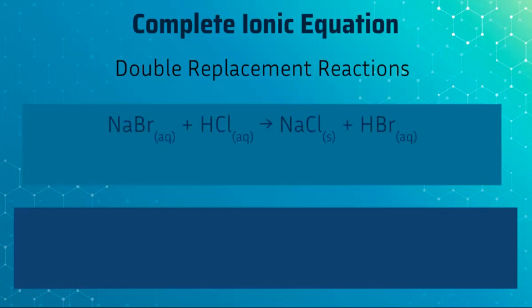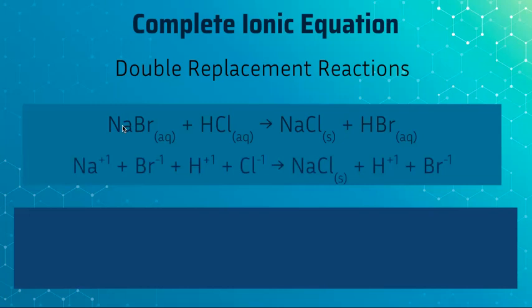The trick here is anything with this AQ that's been given to you, that means aqueous, those are the ones you break apart. If it's a solid, a liquid, a gas, anything other than AQ, you leave the whole thing together. Only the aqueous ones are broken apart.